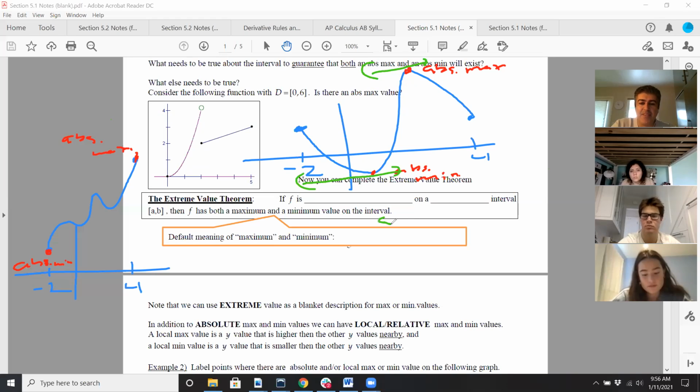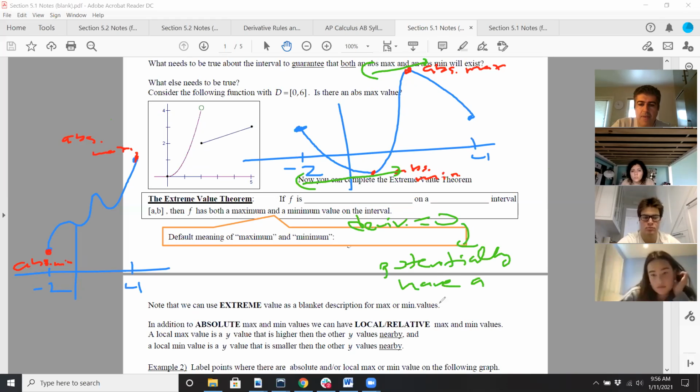The derivative: when the derivative equals 0, you potentially have a min or max. The reason I say potentially is that you might have something that sits stationary for a little while and then keeps increasing, or goes down, sits for a while, and then keeps decreasing.